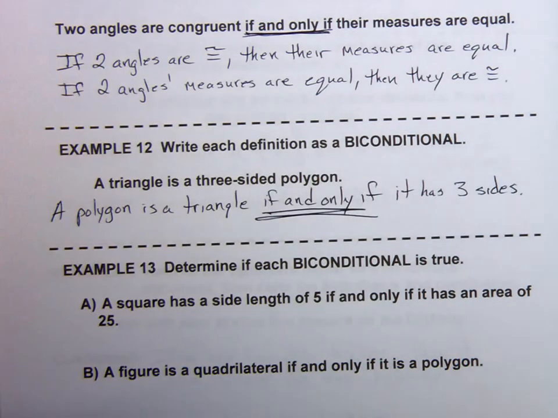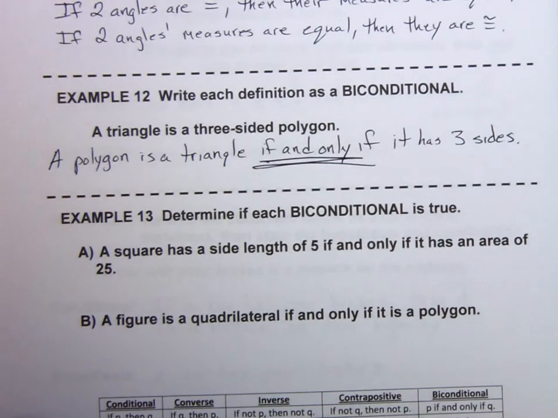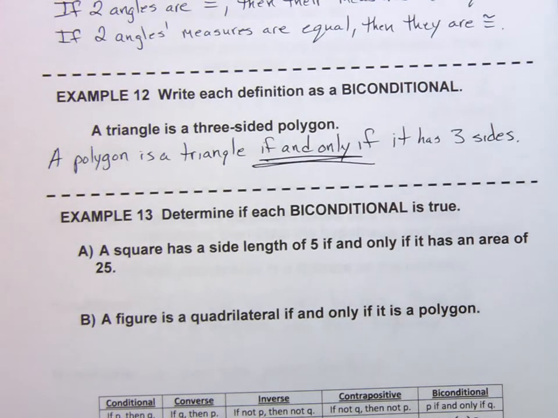All right, example 13. Determine if each biconditional is true. A square has a side length of 5 if and only if it has an area of 25. So if I'm testing the truth of this statement, I have to check both the conditional and its converse for being true. So let me think about this here.